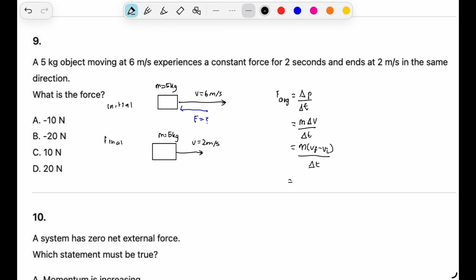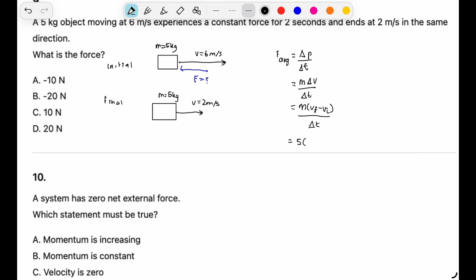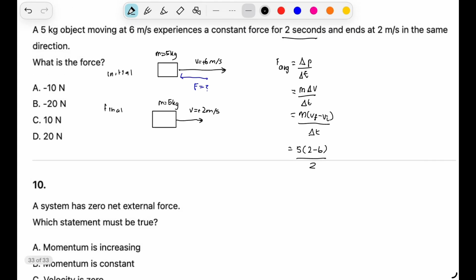It's still going to be moving in the same direction, so these are both positive still. And we're talking in a time interval of 2 seconds.